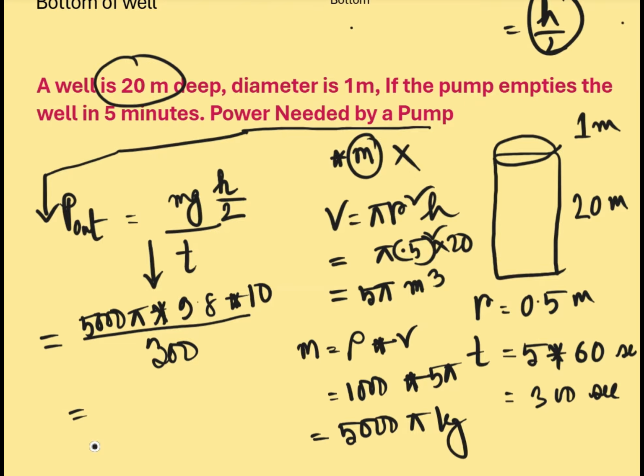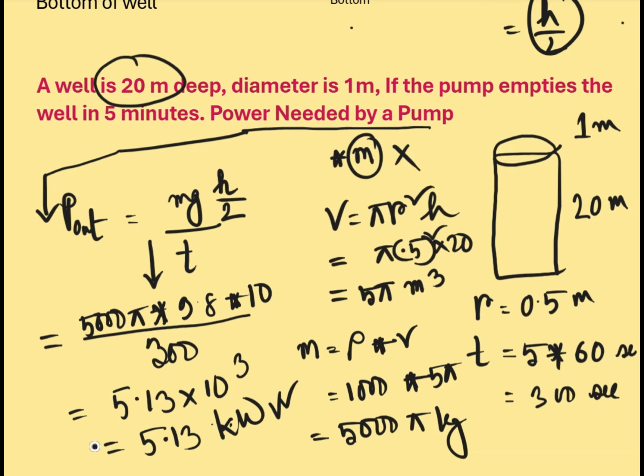So the power developed by the pump, that is 5.13 into 10 to the power 3, or we could write 5.13 kilowatt.